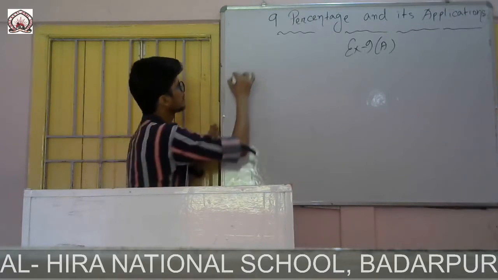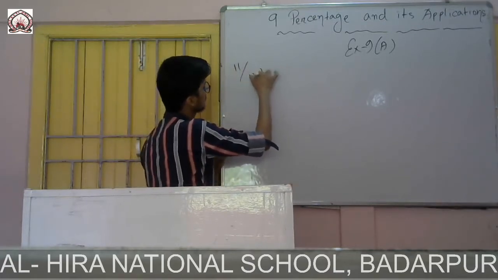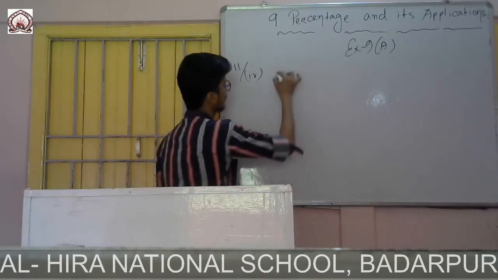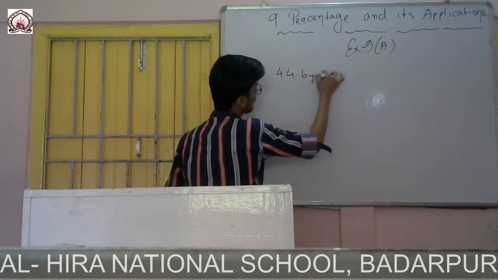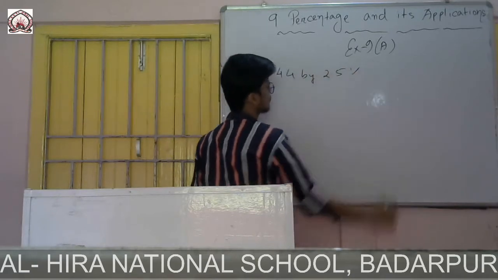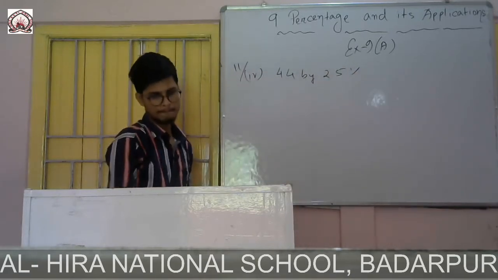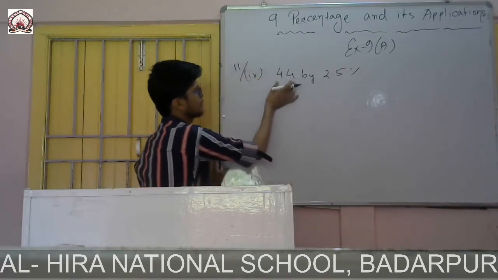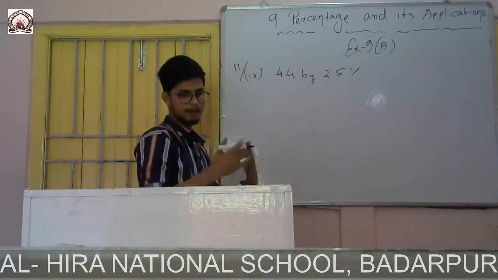All are the same. You simply do 44 increased by 2.5%. If I increase by 2.5%, then what will be the amount?